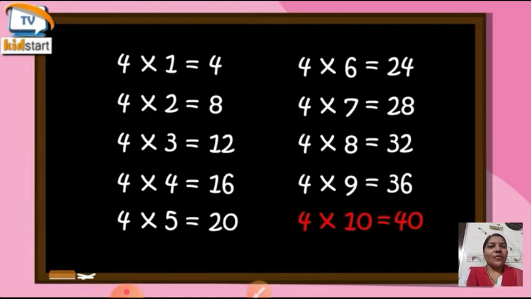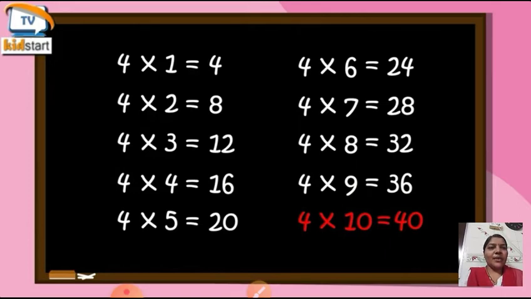Okay. 4 ones are 4. 4 twos are 8. 4 threes are 12. 4 fours are 16. 4 fives are 20. 4 sixes are 24. 4 sevens are 28. 4 eights are 32. 4 nines are 36. 4 tens are 40. And you all are going to write table of 4 2 times.